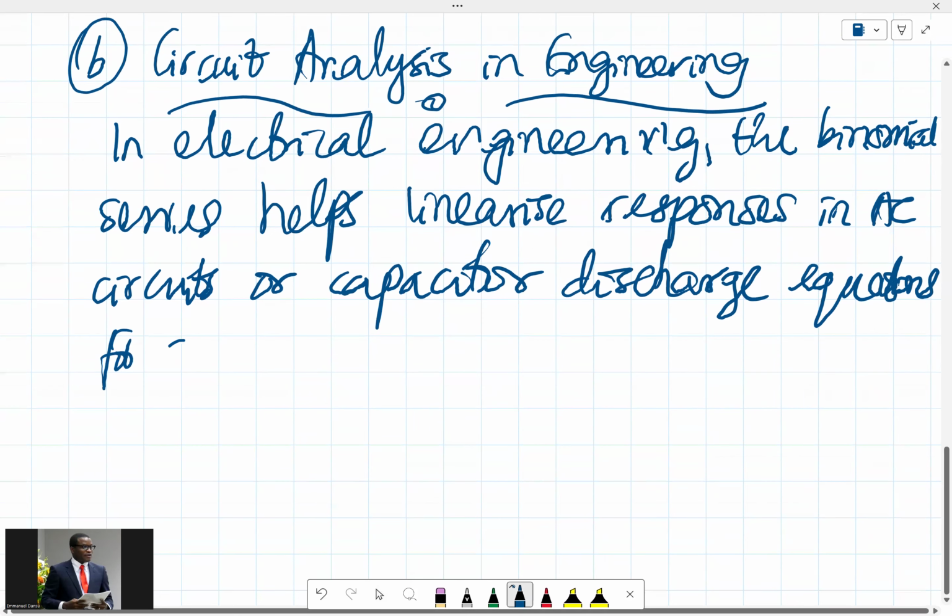Usually when things are very small like that, binomial expansion helps a lot.